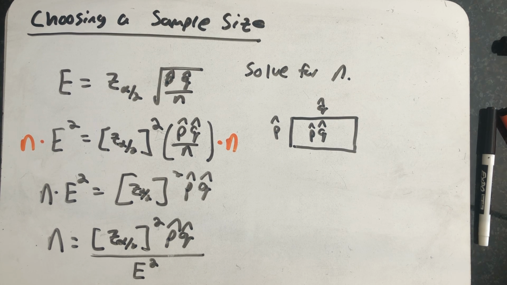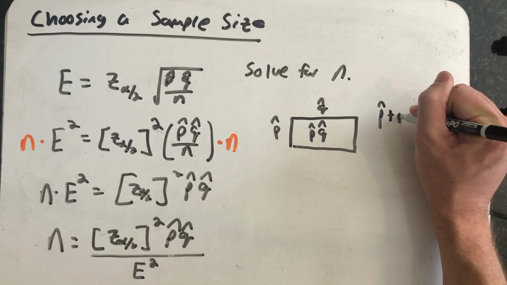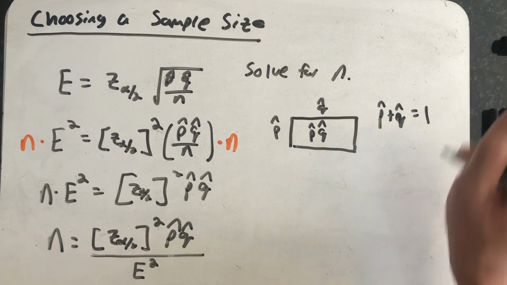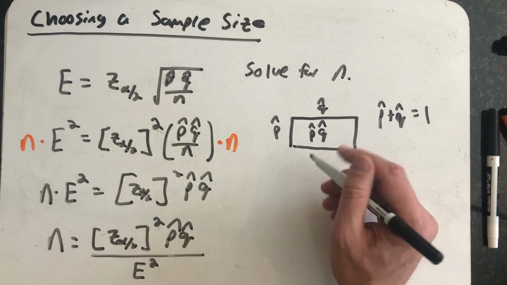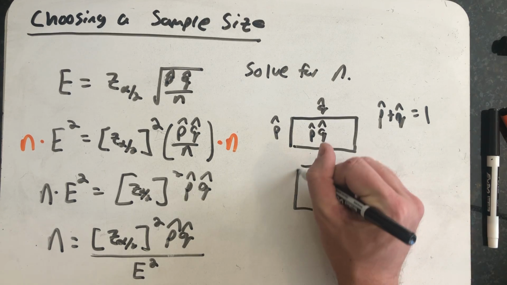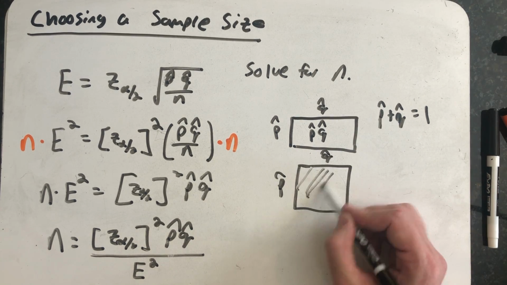And it turns out that if you have two unknown lengths like these, and these have to add up to 1, by the way, because they're complementary probabilities, in that situation, the thing to do is to make your rectangle a square. And that will be the rectangle with the most area.